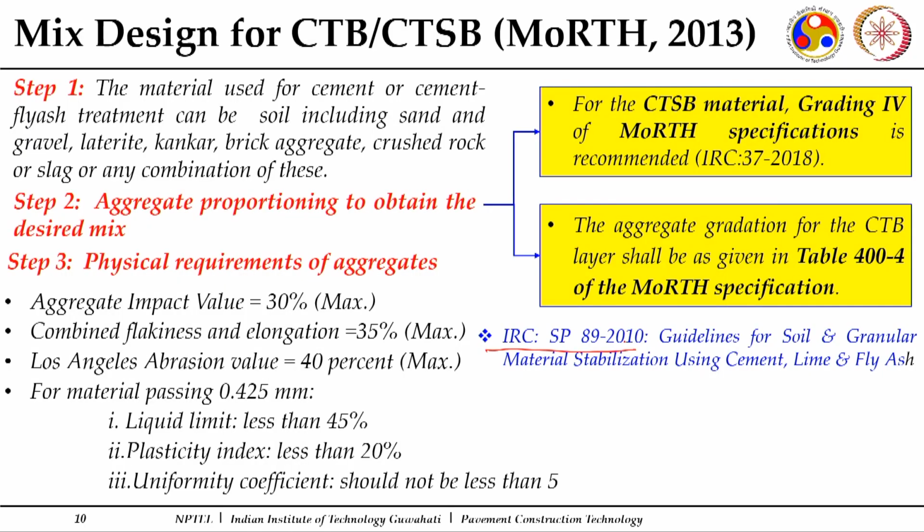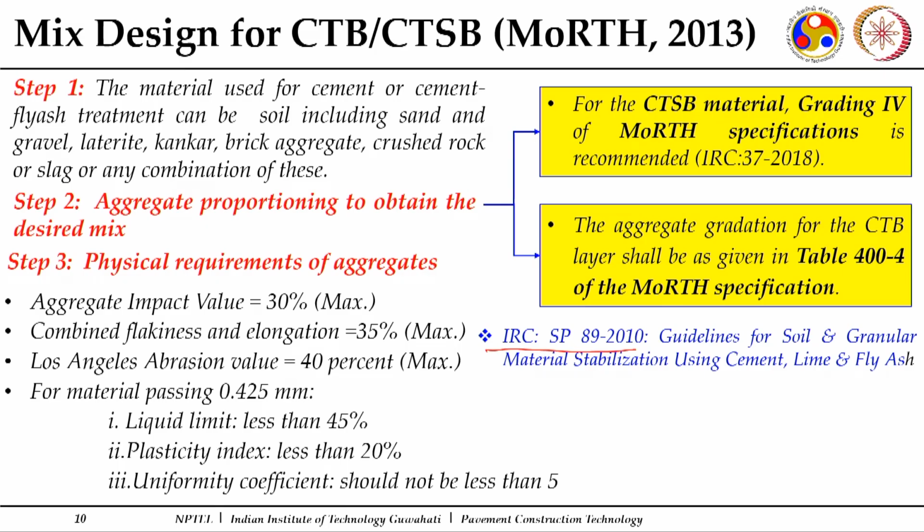So the stabilization of these materials by different cementitious materials is becoming quite popular nowadays, and good information is given in IRC 37, in MORTH 2013, and even in IRC SP 89, on the stabilization of soil and granular materials using different cementitious products.